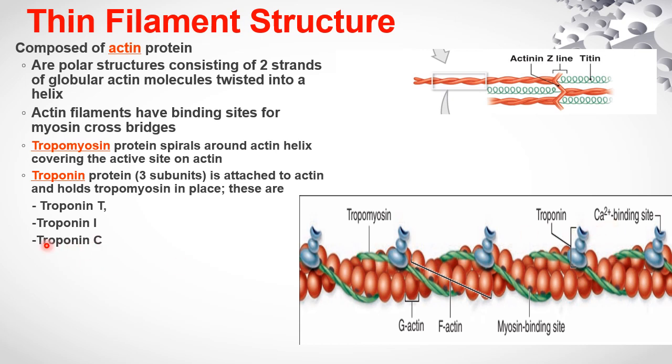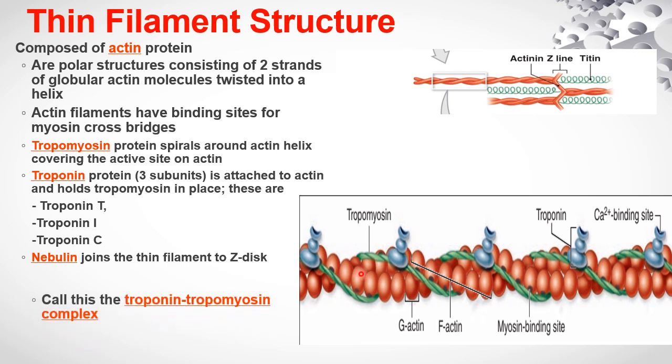How I remember is C for calcium, right? Then nebulin, an accessory protein, which is one of the largest proteins in the body, joins the actin filament to the Z disc. You will understand that in the later section of this video. Then this entire complex of actin is known as the troponin myosin complex.